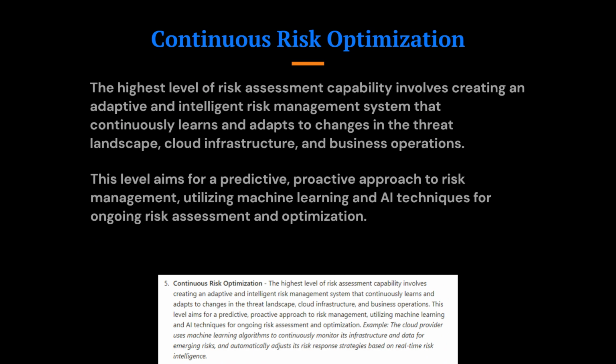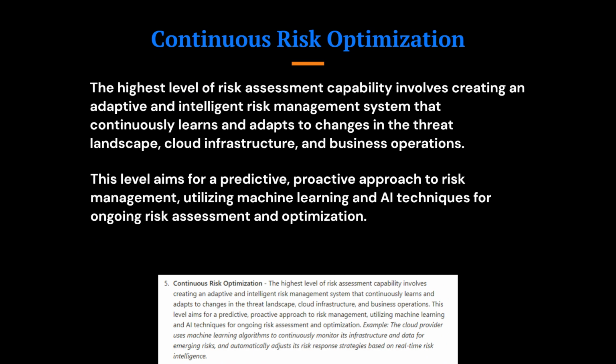Level 5. Continuous risk optimization. The highest level of risk assessment capability involves creating an adaptive and intelligent risk management system that continuously learns and adapts to changes in the threat landscape, cloud infrastructure, and business operations.